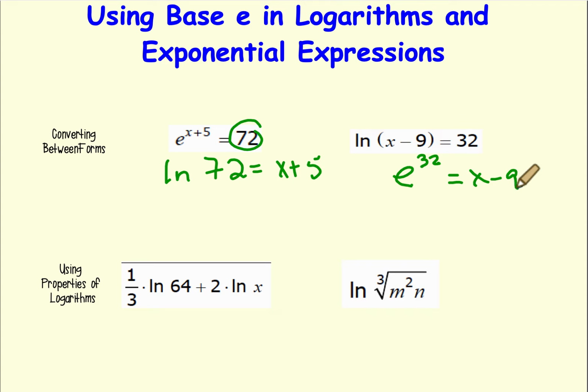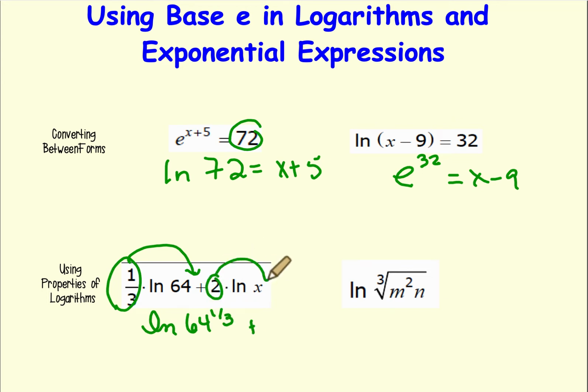We can condense logarithms using natural logs. So, for example, if I'm trying to do 1/3 times the natural log of 64 plus 2 times the natural log of x, I do exactly like I did with any other logarithm. The 1/3 becomes the exponent of 64.